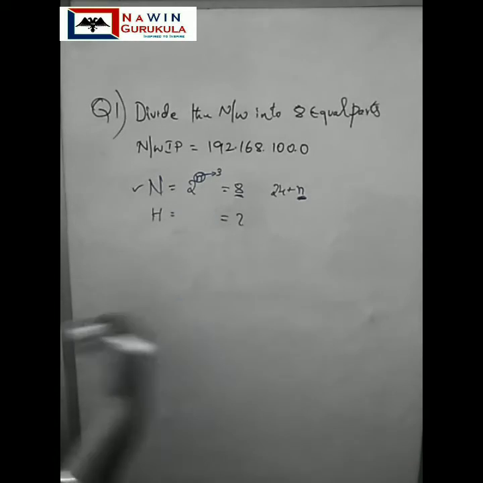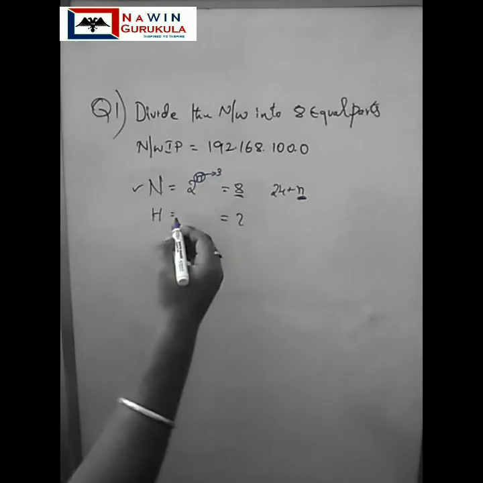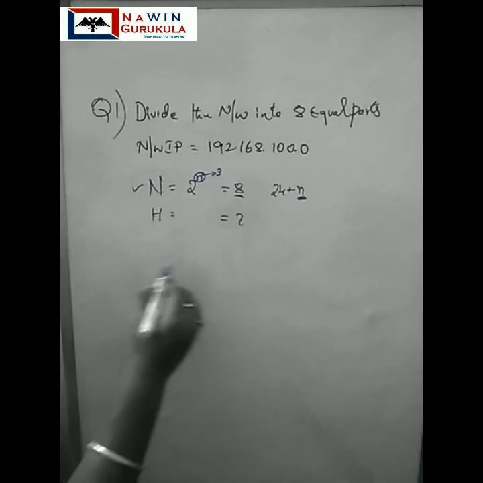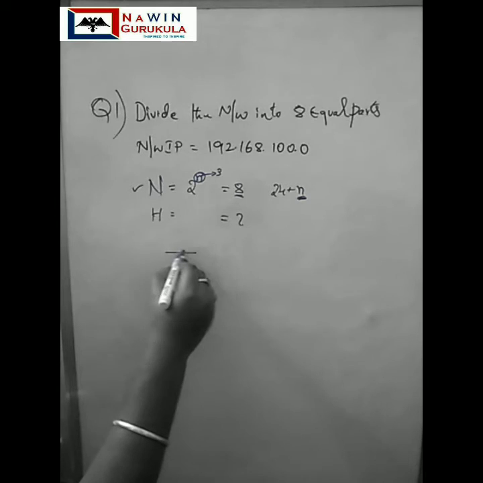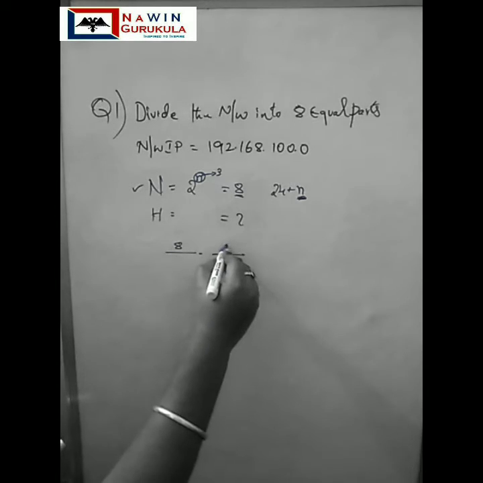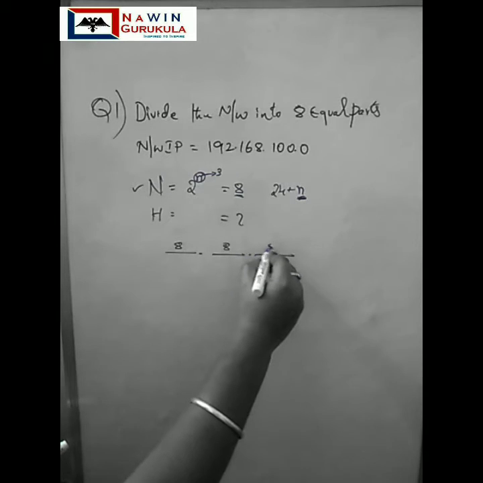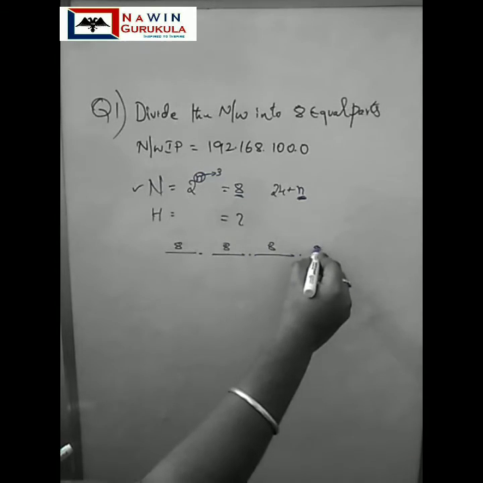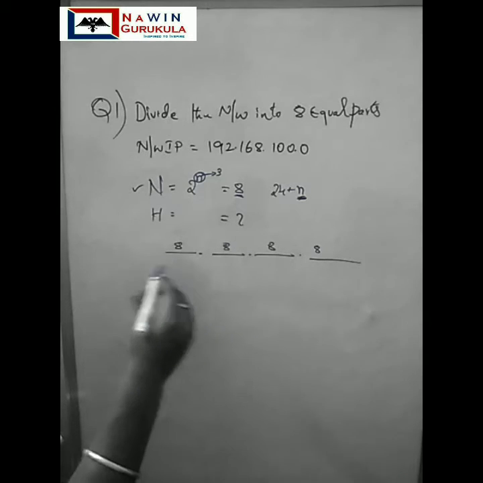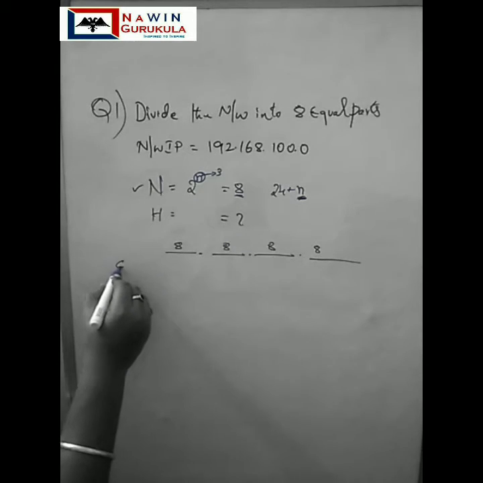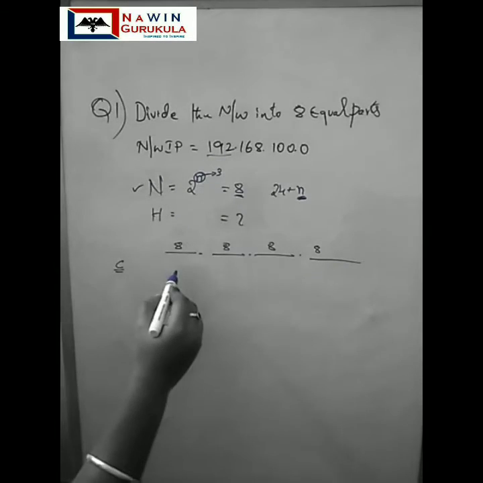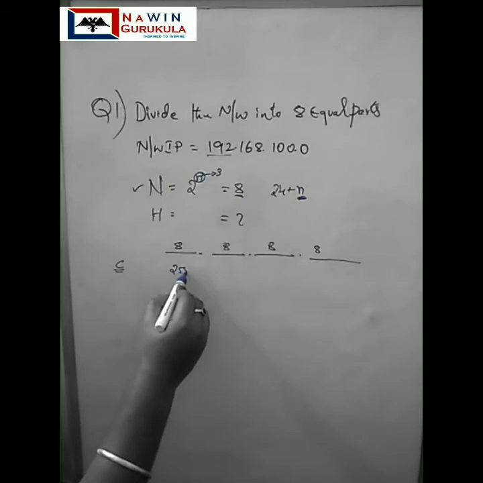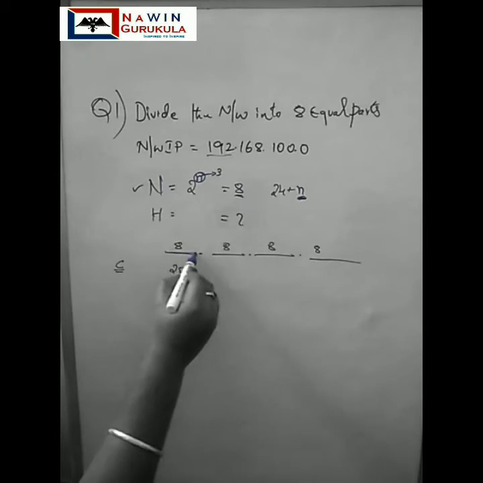That means a total of 3 host bits should get converted towards the network bits. If I convert 3 host bits towards the network, I am left with another 5 bits in the host part. So here you can consider 8 bits dot 8 bits dot 8 bits dot 8 bits, right? Since I am using a class C range of IP address, this will be 255 because all the bits will be 1.